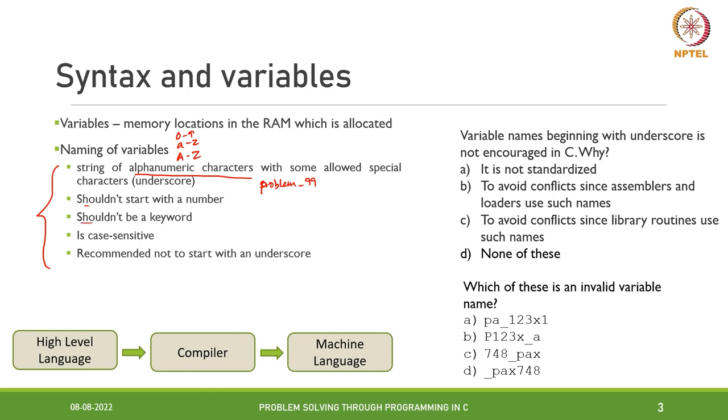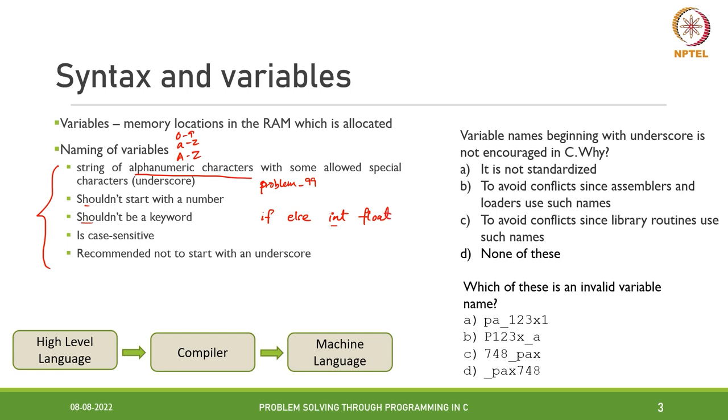Then the third is it should not be a keyword. There are certain words in C, in C++, in any language, which are reserved for some particular purpose. They have a special meaning for that language. For example, if, else, int. You must be familiar by now with int and float, right?